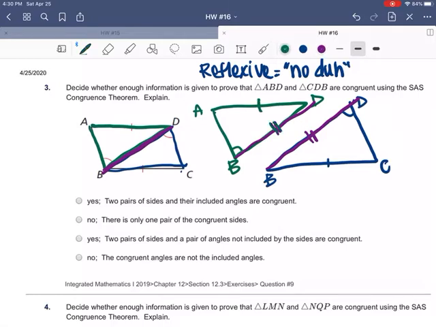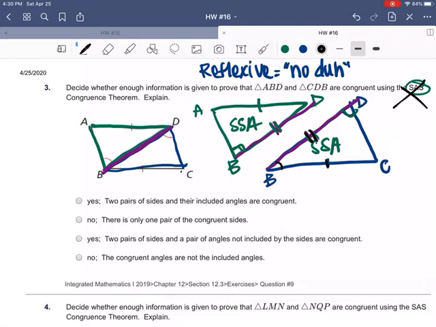In this green triangle, we have side, angle. And in this blue triangle, we have side, angle. That is not side, angle, side. In order for it to be side, angle, side, it would have to look like this. Side, angle, side on both of them.